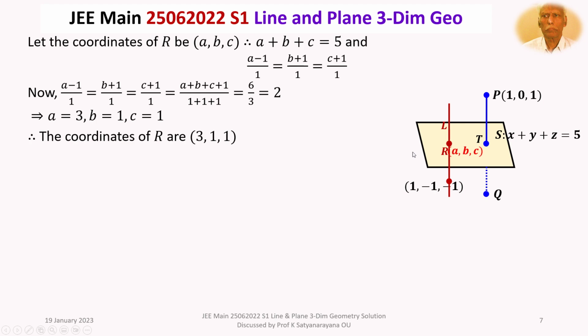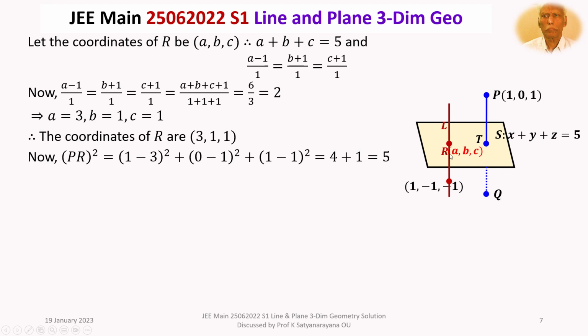Now we find the square of the length of PR. So that is PR square we can compute. P to R, the distance, and ABC, note down, 3, 1, 1. Therefore, (1 minus 3) whole square plus (0 minus 1) whole square plus (1 minus 1) whole square.